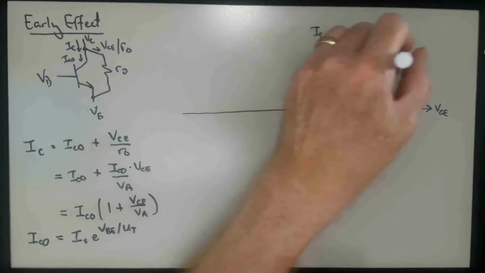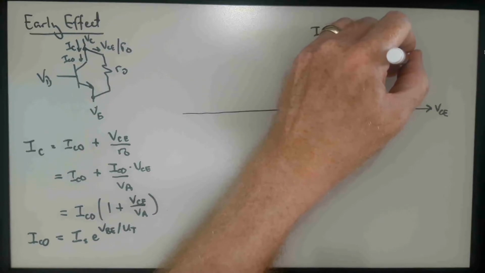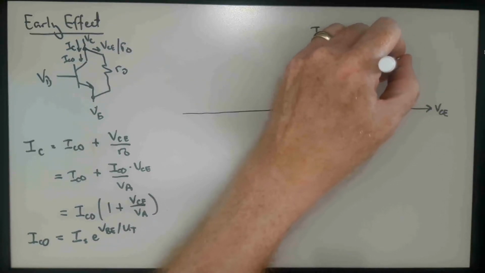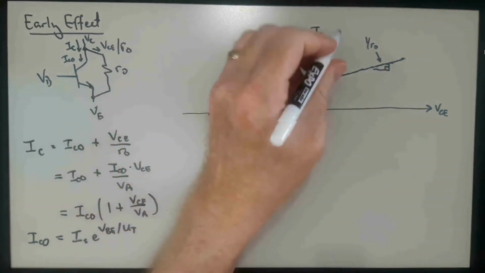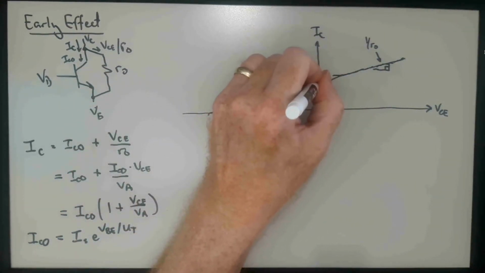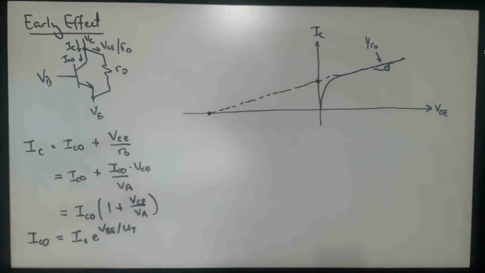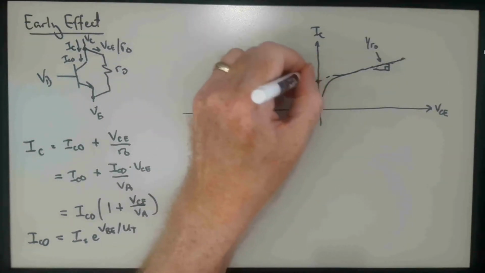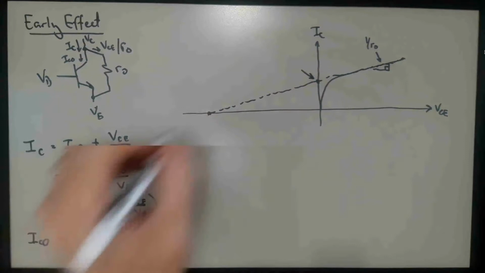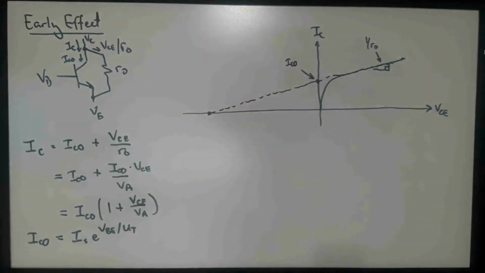If I take a straight line fit to this sloped collector current characteristic and extrapolate it back, there's an intercept, the y-axis intercept, and there's the x-axis intercept. Okay? And this y-axis intercept is what we called ICO. Okay, that's the 0th order collector current.